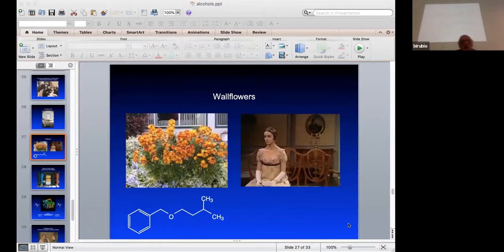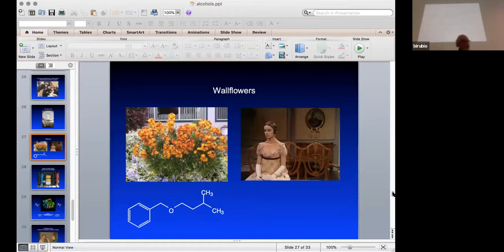Okay, so here's an ether. It is the compound that is responsible for the delightful aroma of the wallflower.